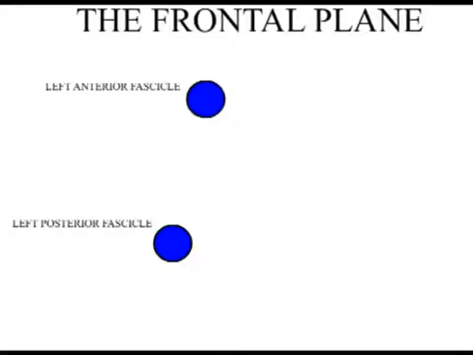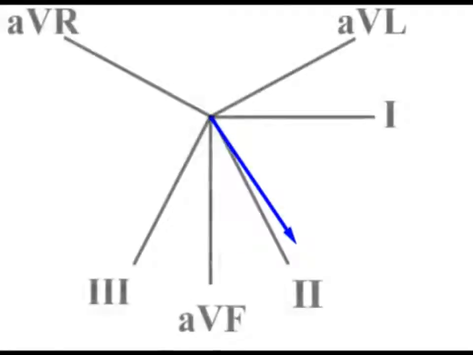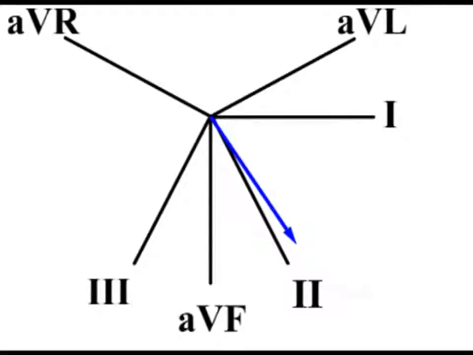As shown here, in the frontal plane, the plane of the screen, they can be represented as vectors flowing simultaneously from the left anterior fascicle and from the left posterior fascicle. As you can see when we use the parallelogram rule to add them together, the total vector generated is traveling downwards and to the left, more or less straight down lead 2, at approximately 60 degrees relative to lead 1.